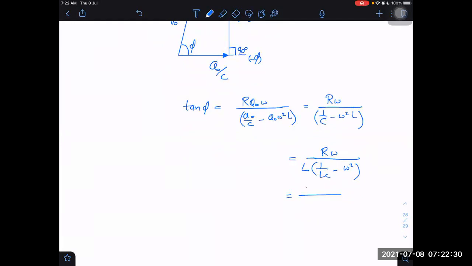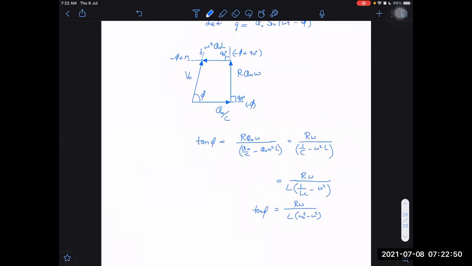Means different ways we can write. Now I can put it as omega naught square. Omega naught means the natural frequency of oscillation. So R omega by L into omega naught square minus omega square is equal to tan phi.